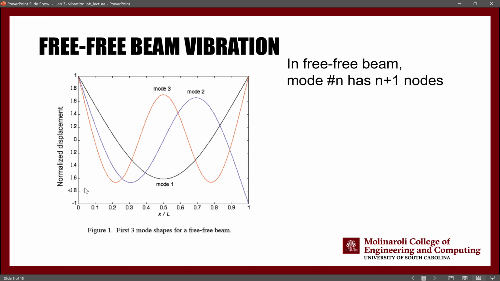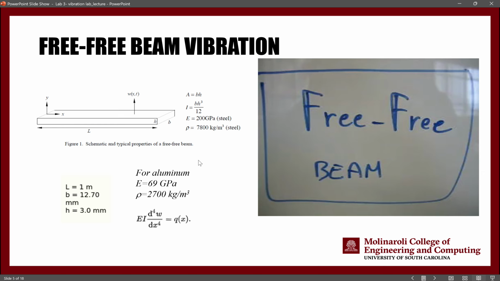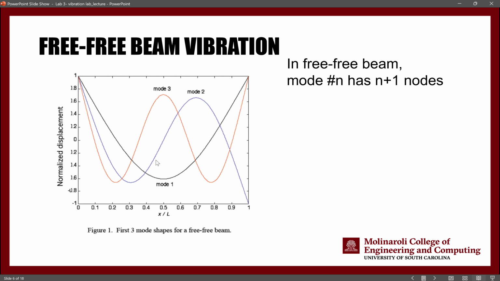But what does this graph tell us? On the vertical side, we have the normalized displacement, which essentially means that we have divided our vertical displacement of the beam, not the location, by the amplitude, essentially the maximum displacement.